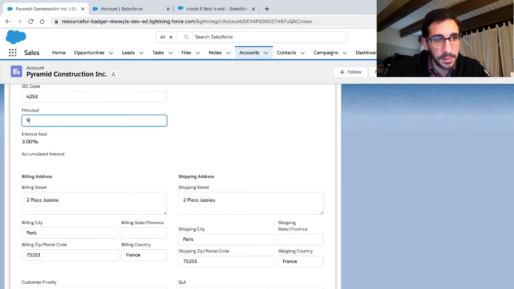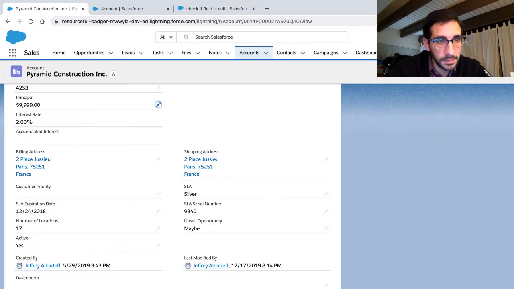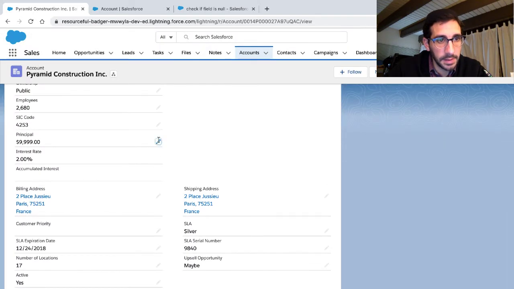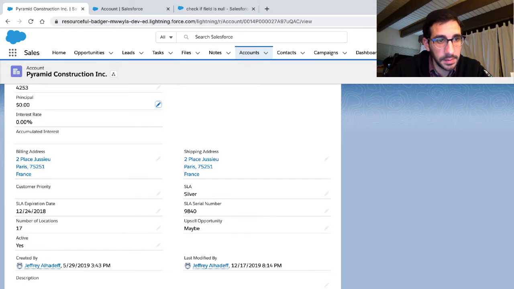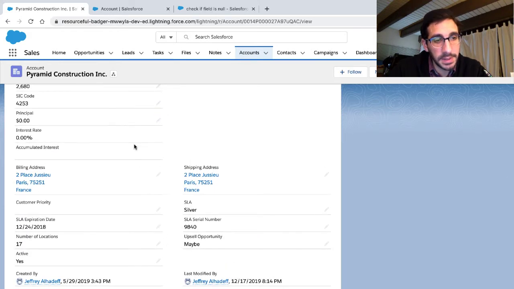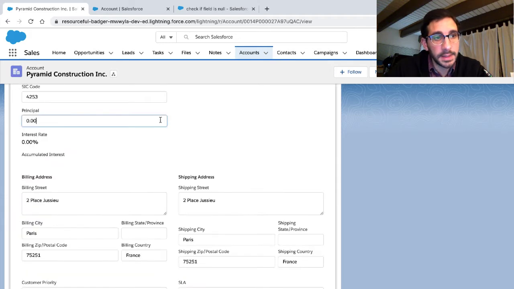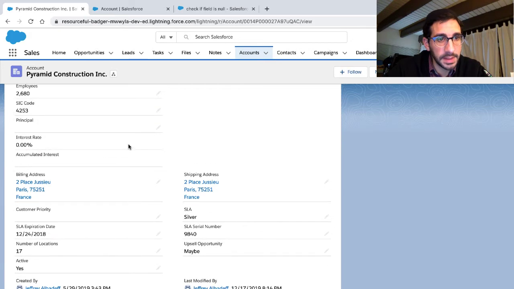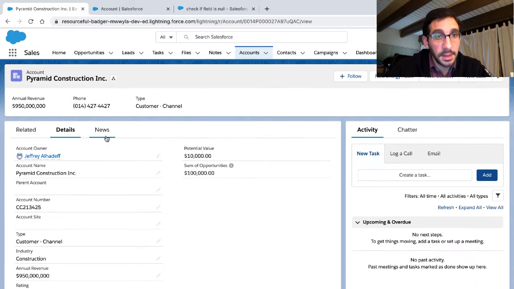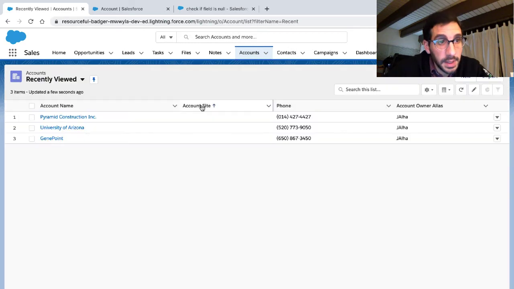If we do 2%, and if it's 0, it should be 0. So that helps a little bit. If it's blank, like just no value, it's still saying 0 there, which is good, I guess.